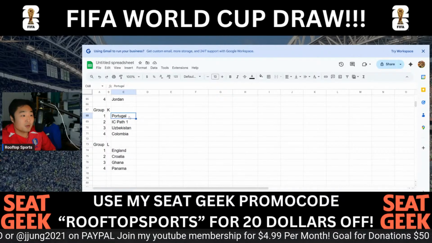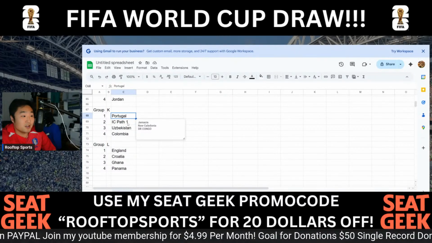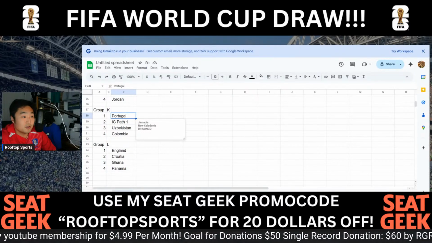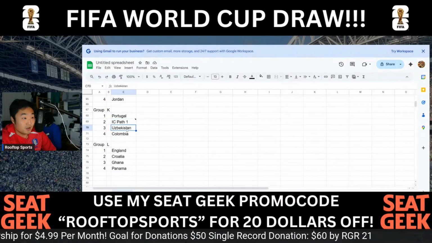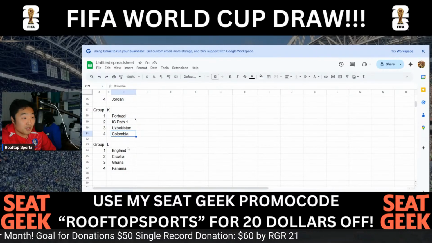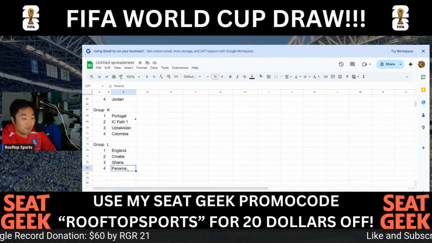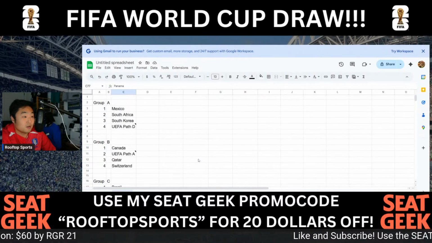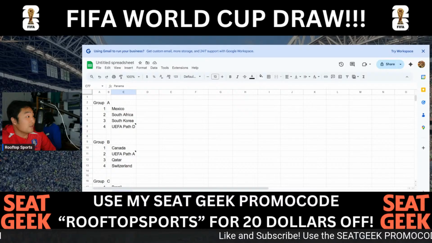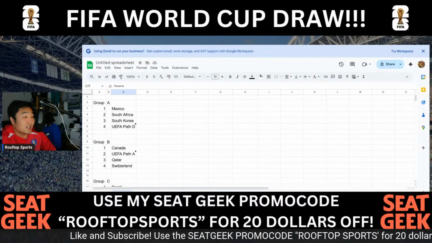Group K: Portugal, winner of Jamaica, New Caledonia, and Congo, Uzbekistan, and Colombia. Group L: England, Croatia, Ghana, and Panama. So it looks like hopefully I will be flying to Mexico during that time.